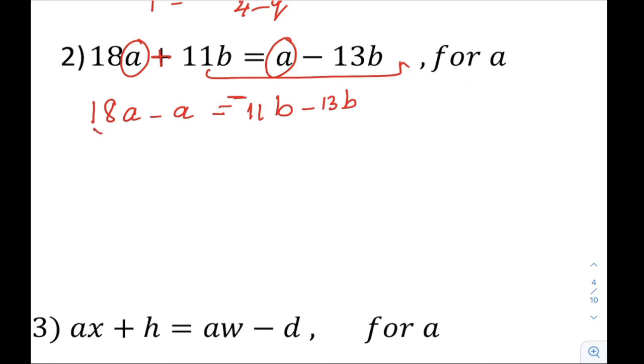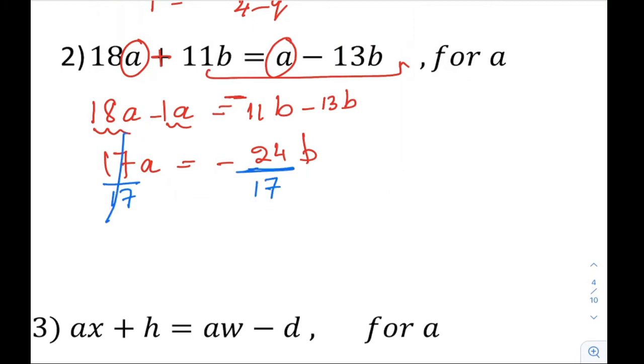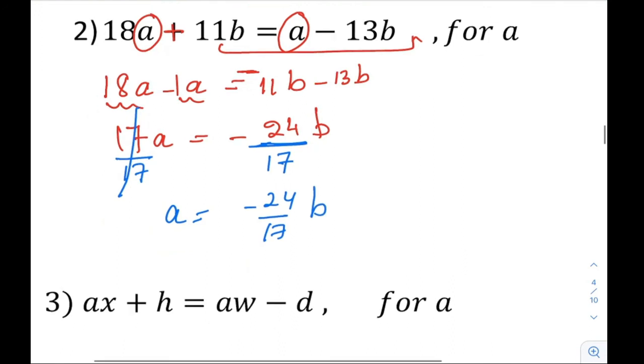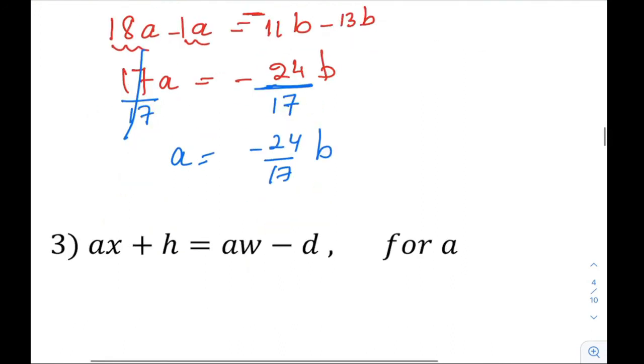Now let's subtract 18a minus a, 18 cars minus a car, so this is 17a, equal to negative 11 minus 13, which is negative 24b, and we need a alone, so we will divide both sides by the 17. Cancelling. If you can simplify, go ahead. If not, just keep it as it is. So this is the solution for our problem.